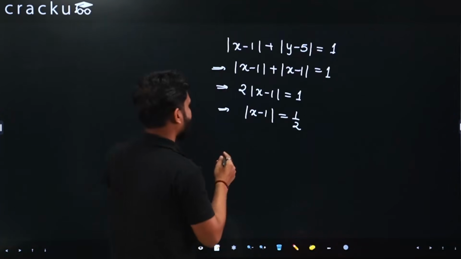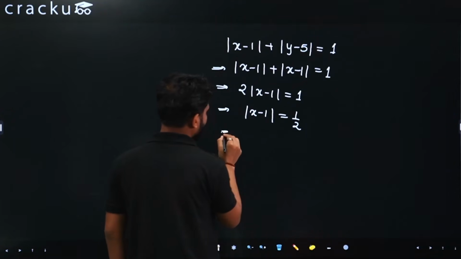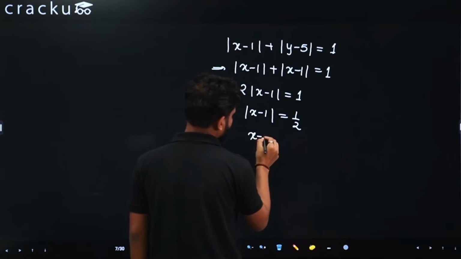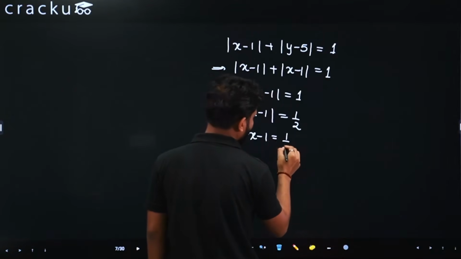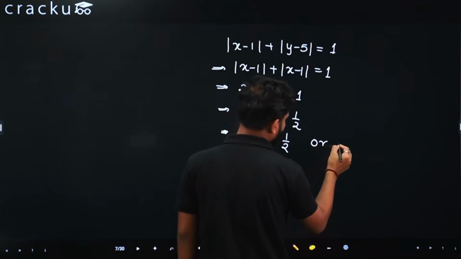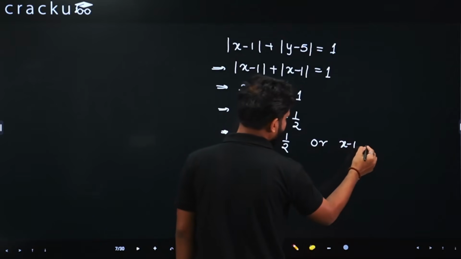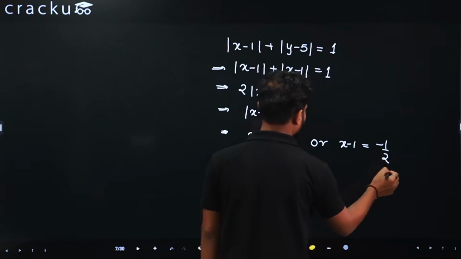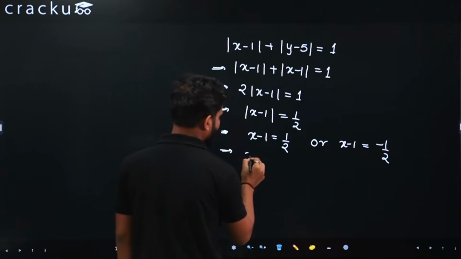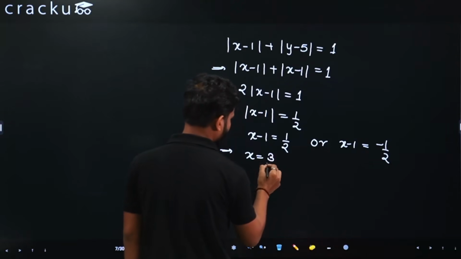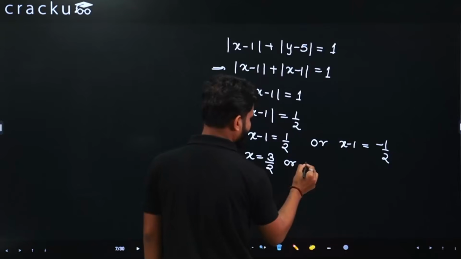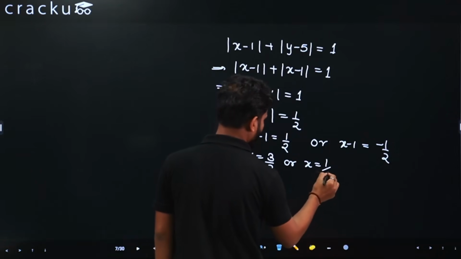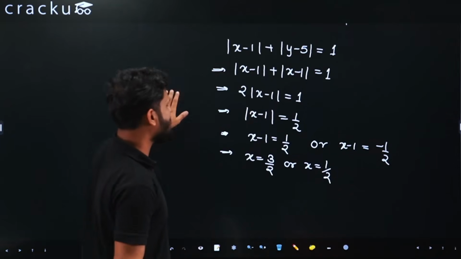Now I can say x minus 1 is equal to either 1 by 2 or x minus 1 is equal to minus 1 by 2. Correct? From here I get x equal to 3 by 2 or x equal to 1 by 2. What will be the value of y?